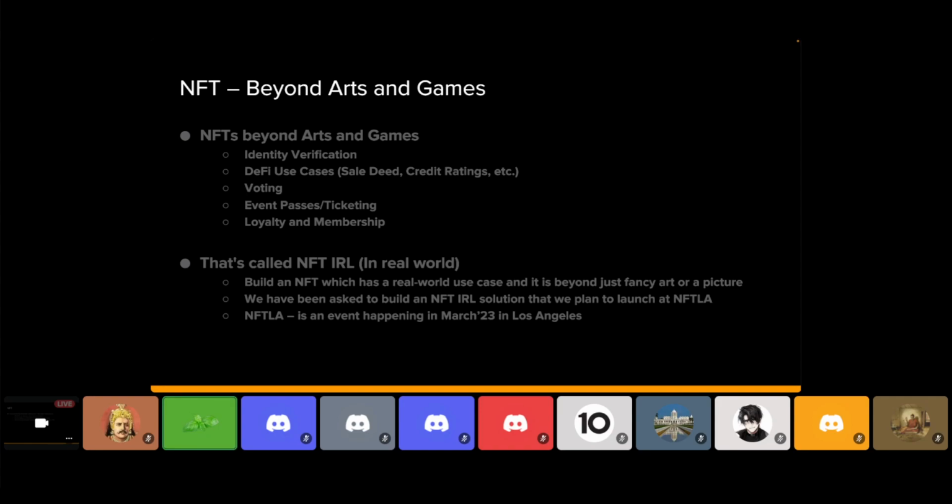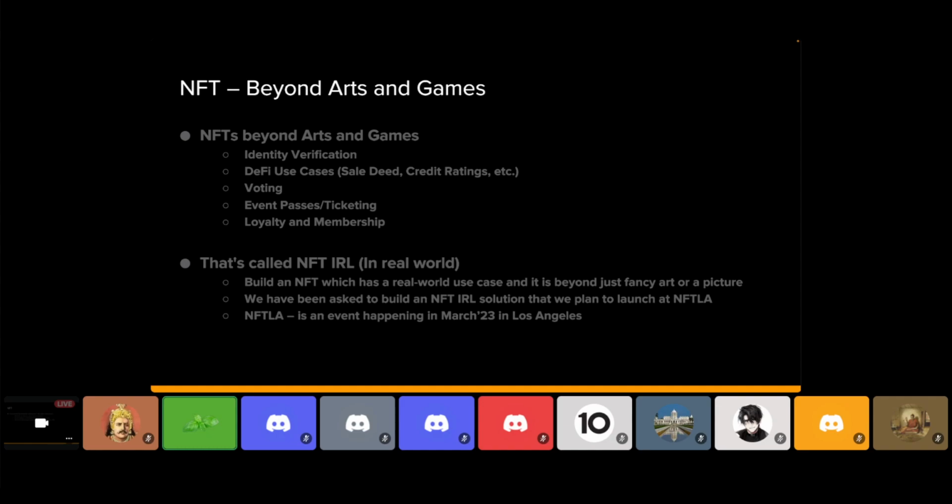If you go through all these five examples, that's what we call the NFT IRL. IRL is nothing but in real life. So we are building something digital, but it is associated with a real world use case, and it is beyond just fancy art and pictures, right? If you look at the assurance NFT, it's a similar thing.